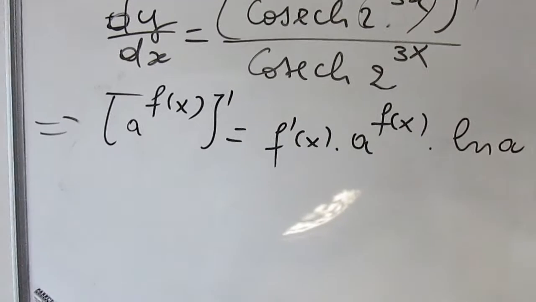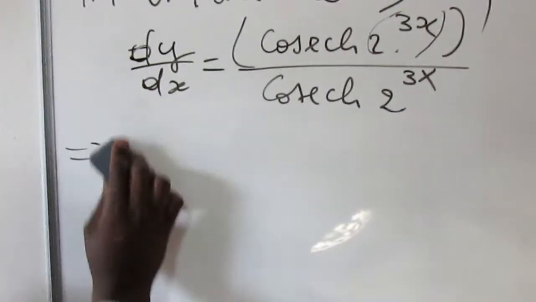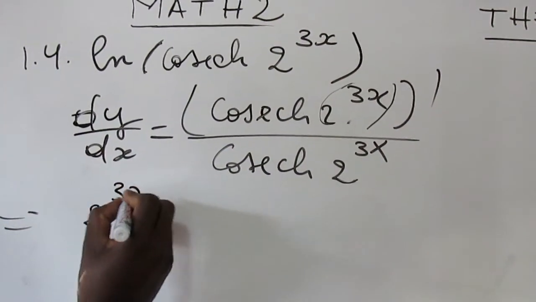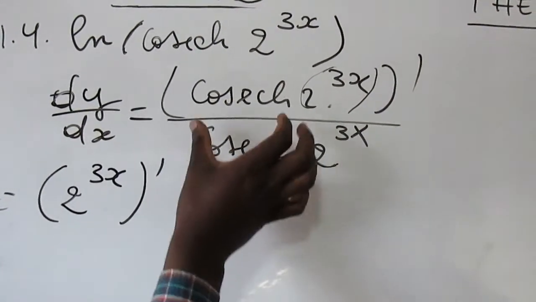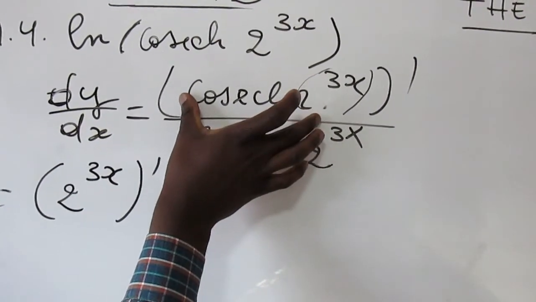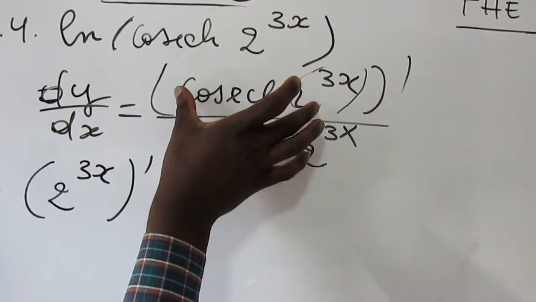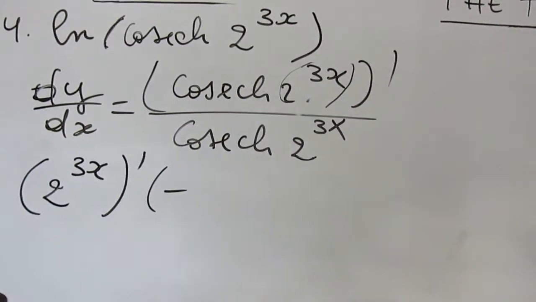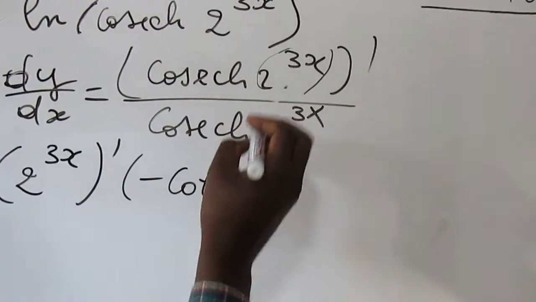So let me just erase this for space. So we are deriving this, okay. Now don't forget the cosec has to be derived as well. So remember on your formula sheet, we said the differentiation of cosec is going to give us negative, okay, cos, okay, of the function.